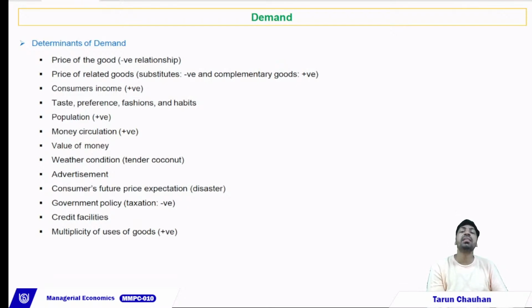That's why there is an inverse relationship between government policy and the demand of a particular product, due to the taxes charged.